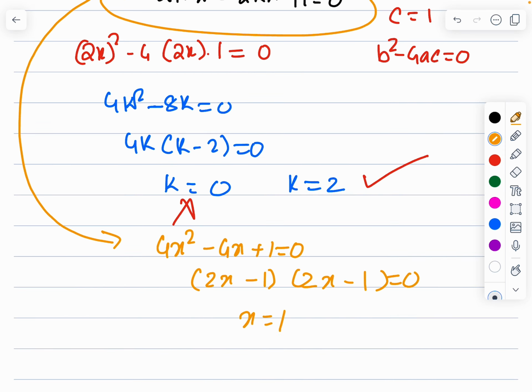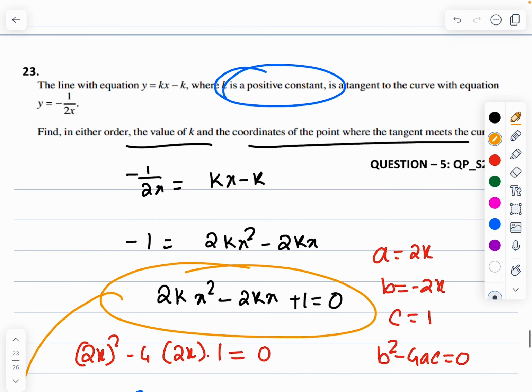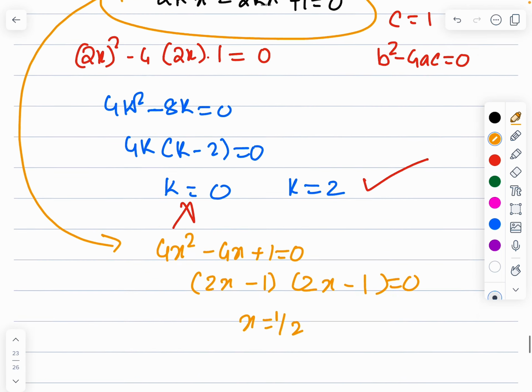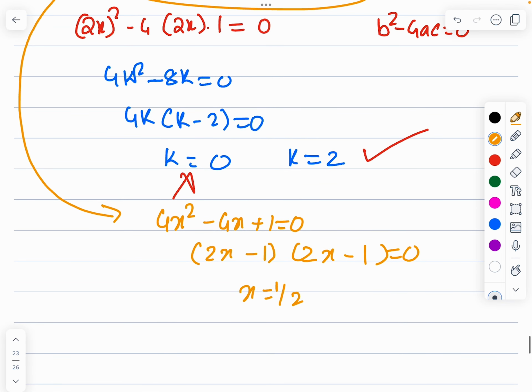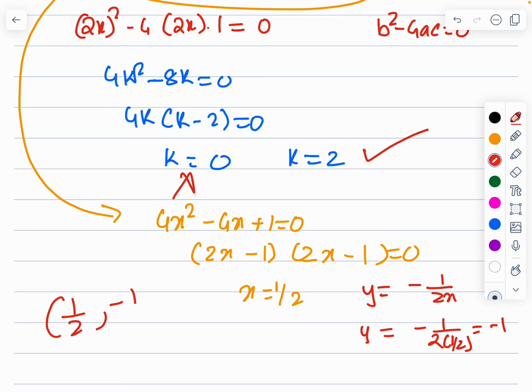So x equals 1 upon 2. Plug x equals 1 upon 2 in this equation. We know that y equals negative 1 upon 2x, so the y value will be negative 1 upon 2 times 1 upon 2, which is negative 1. So the point is 1 upon 2 comma negative 1.